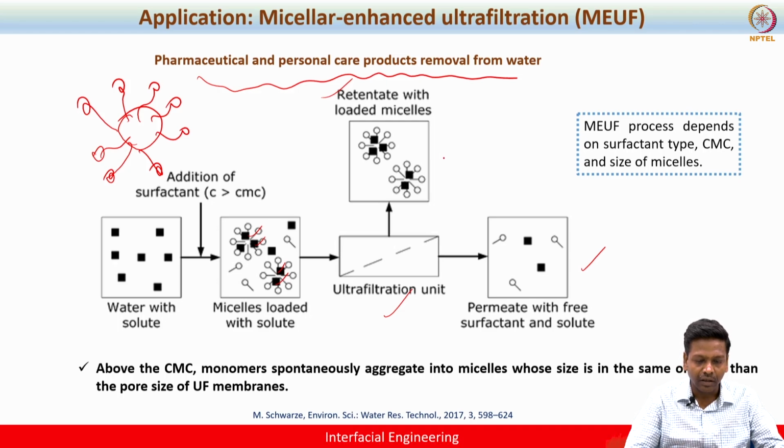In this way, you can collect or remove the free solute and the free monomer. But the important problem for us is how to deal with the rest, because you want to remove the solute molecules, but we also added another component, the surfactant molecules. If we cannot remove the surfactant and solute from the micelles, the process will become a costly affair, because you would not be able to reuse the surfactant molecules.